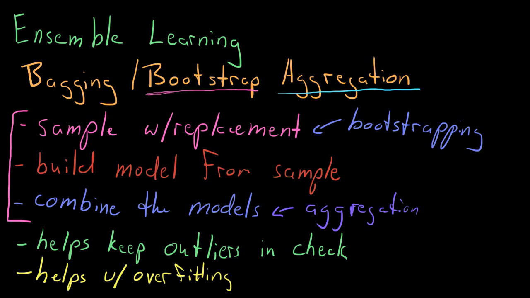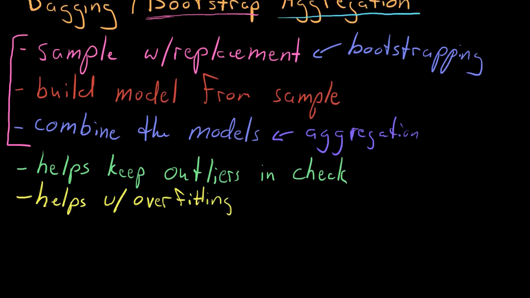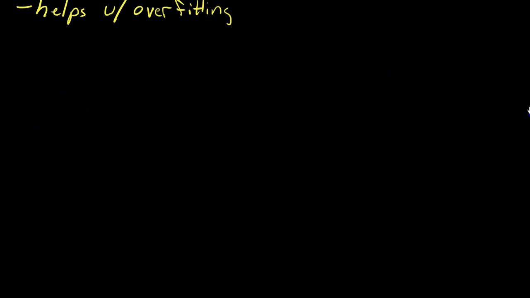And so how do we combine? So I'm gonna scroll down a little bit here. We're kind of on a slightly new topic. So how do we actually combine the data? I should say, how do we combine our models?